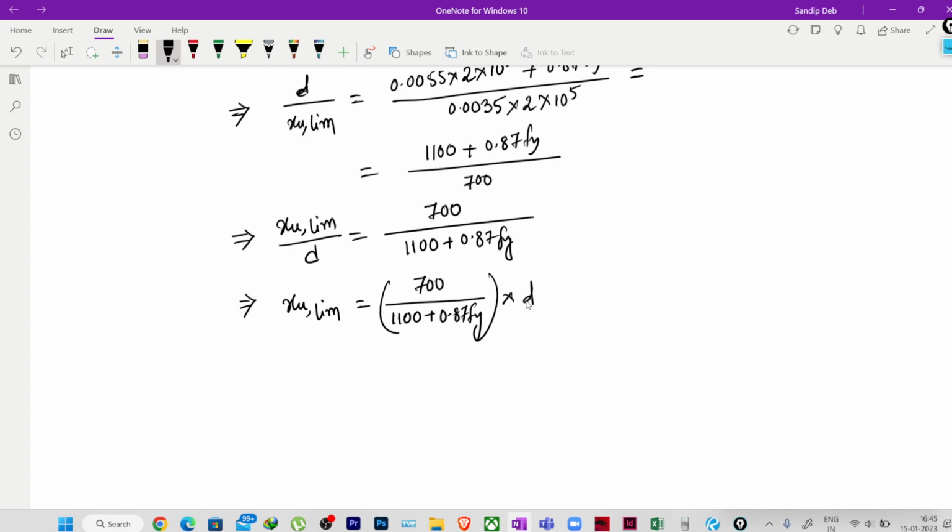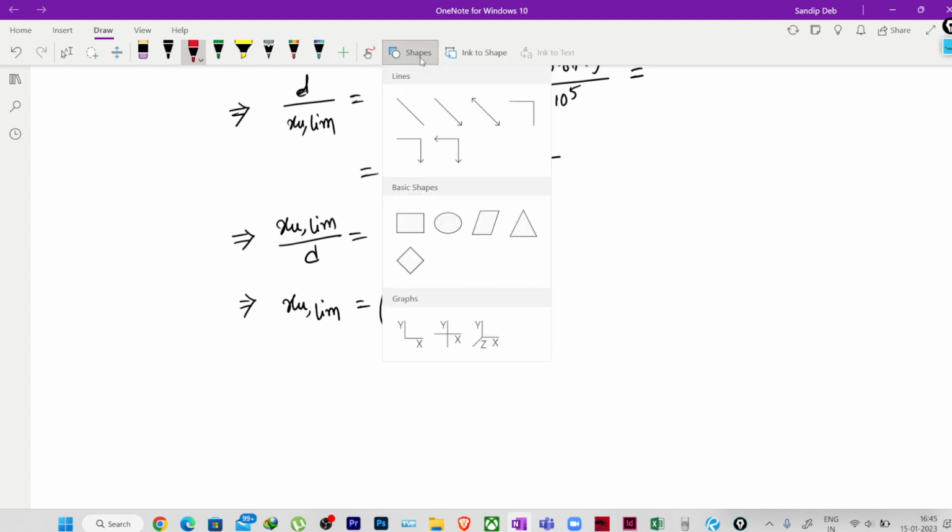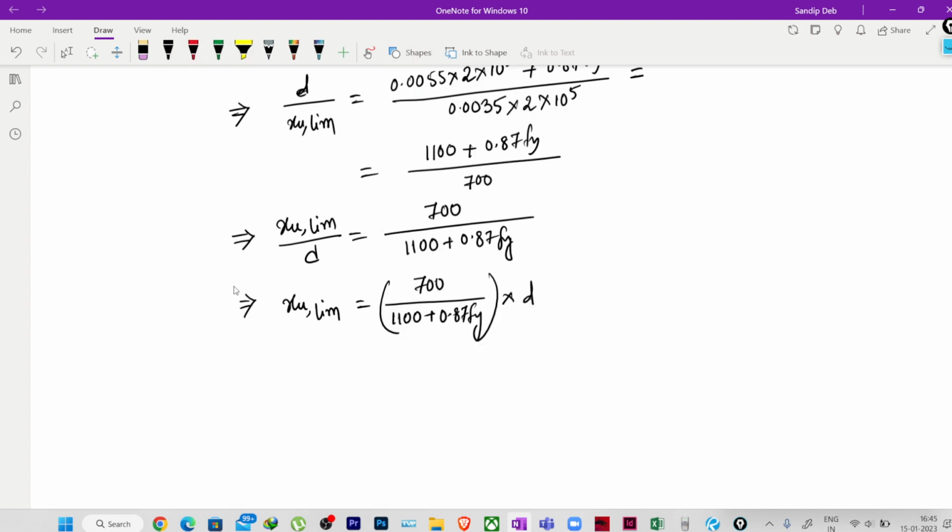Fine. So this is the equation that we will be solving to find out the maximum neutral axis depth, or limiting depth of neutral axis. In that case, what we need is the grade of steel and effective depth, right?